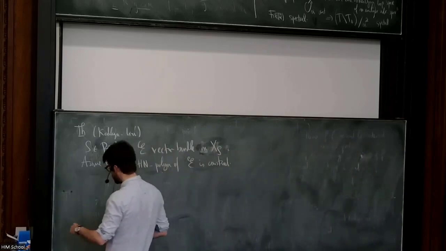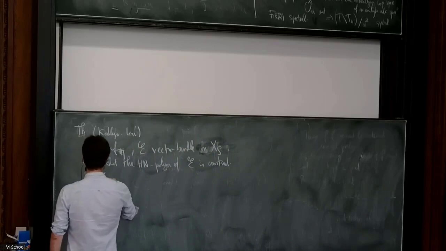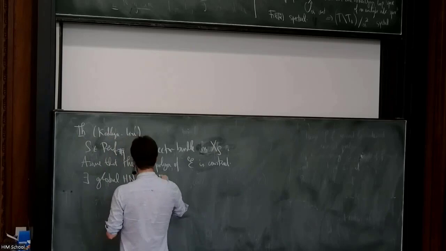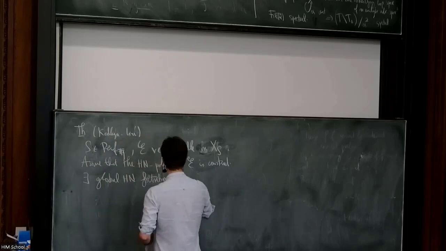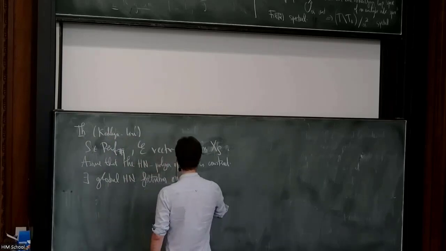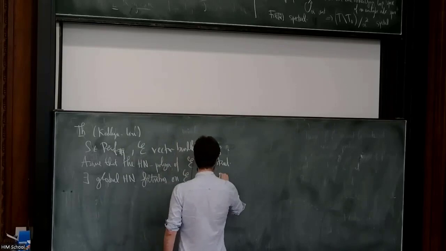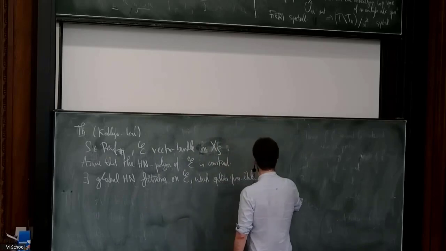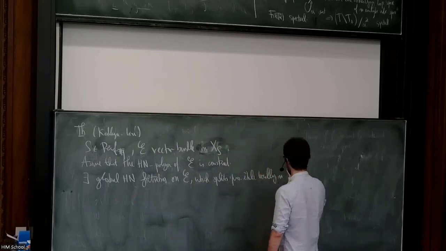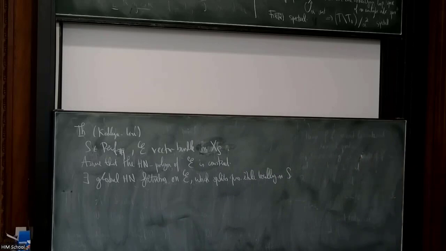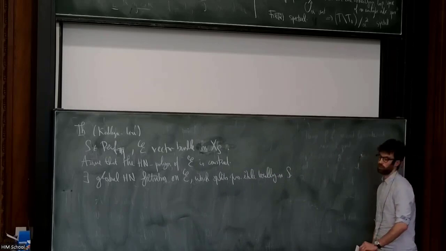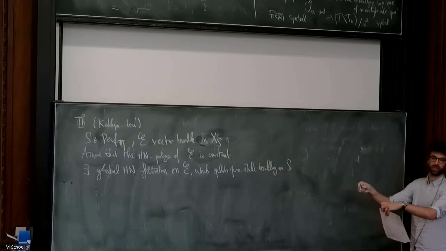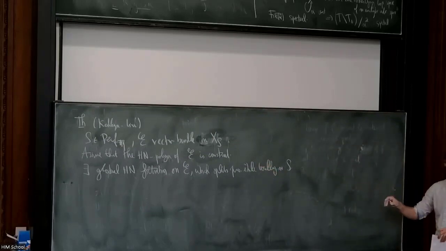And then what we deduce is that there exists a global Harder-Narasimhan filtration on E, which splits pro-étale locally on S. So up to replacing S by a pro-étale cover, my E is a sum of vector bundles which are fiber-wise semi-stable of slope lambda for various lambda.